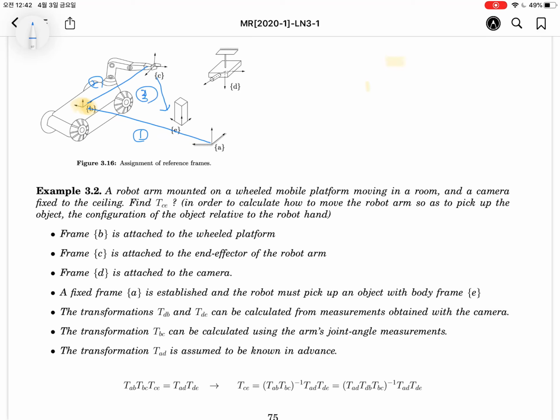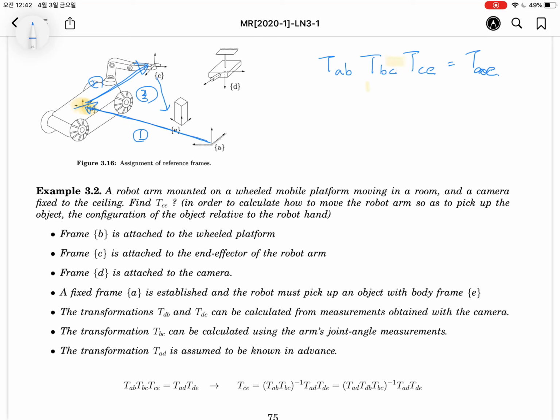Okay, maybe TAB times TBC and TCE will make the TAE. Okay, is that right? Maybe the TBC can be obtained using the kinematics, which will be learned in the next topic, next week.